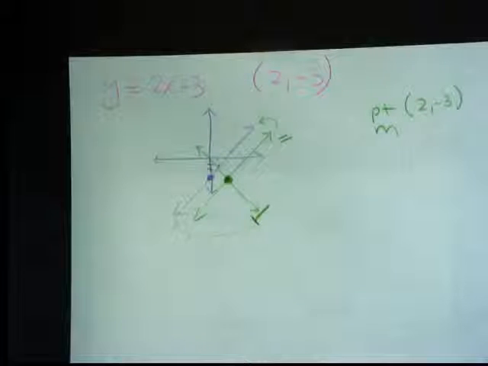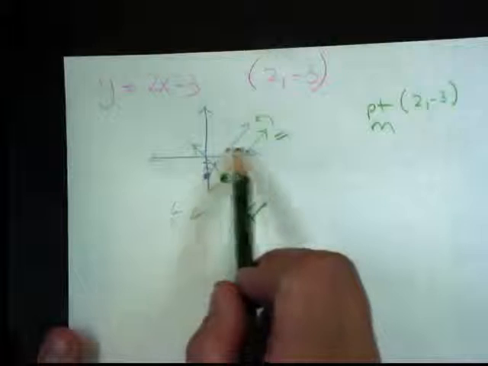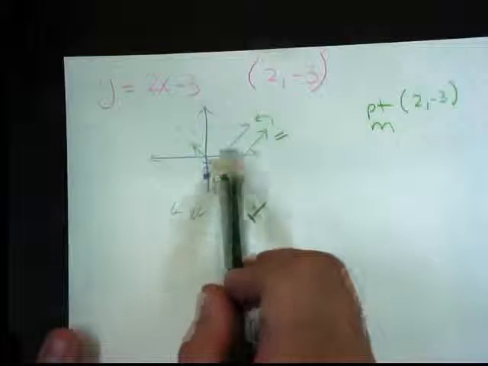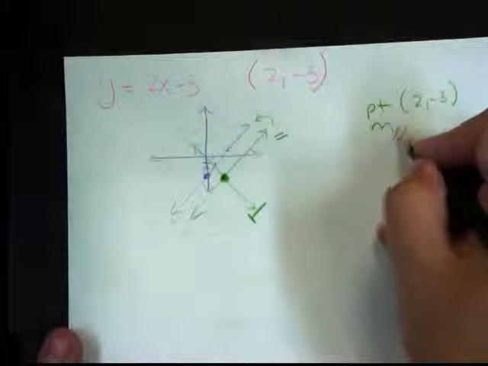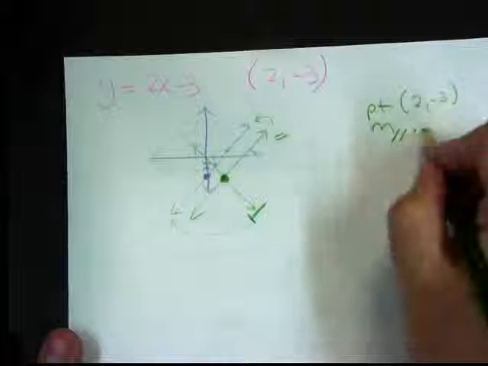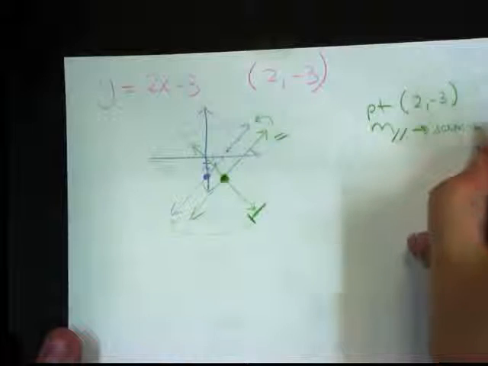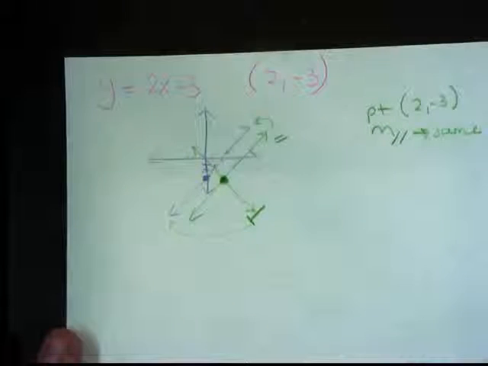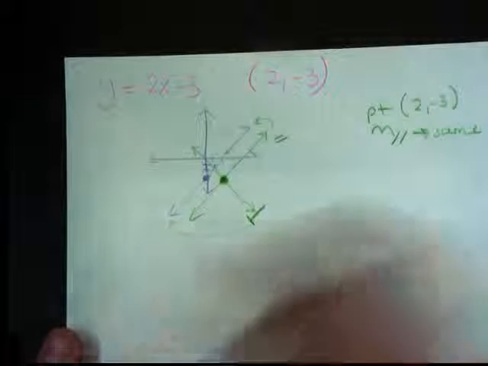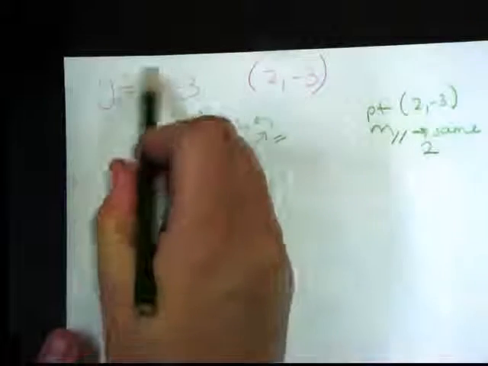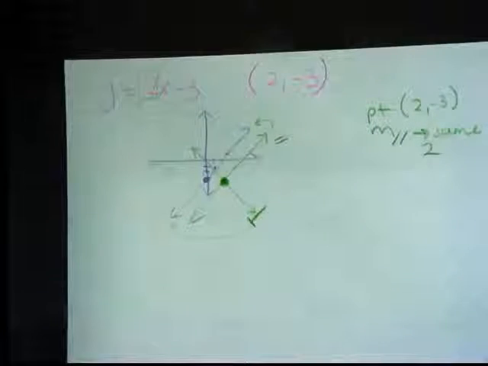If I know an equation is parallel to something else, I should know their slopes are the same. Therefore, the slope is 2, because we can go right up here and look. y equals mx plus b. 2 is in the same location as m. Therefore, the parallel slope is 2.